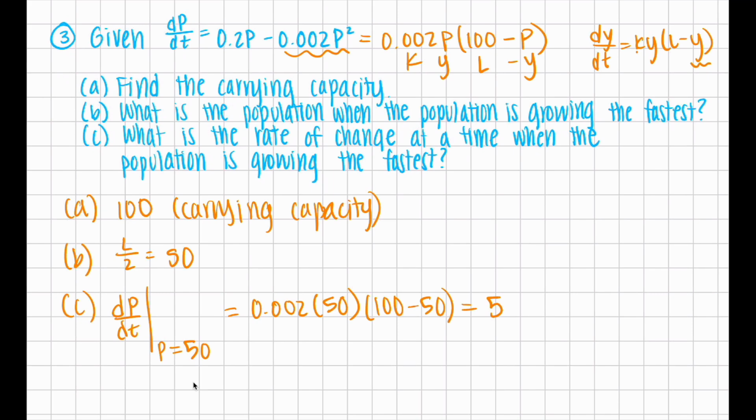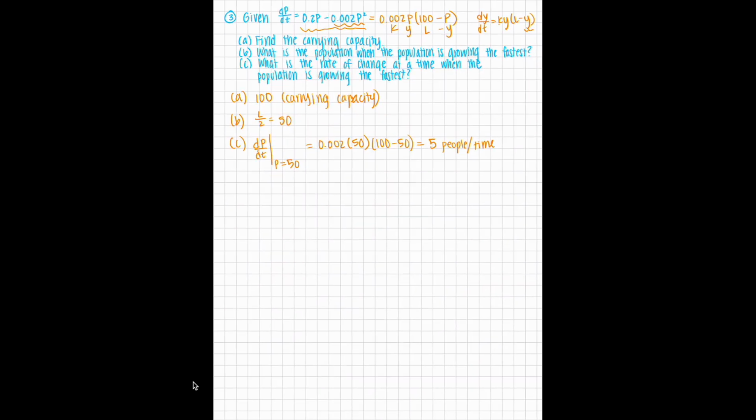They don't give us much information about the population, but we can say people per whatever our unit of time is. So I wanted to do this example to show you they might not give you exactly ky times L minus y, but you will be able to manipulate it so that you can answer the questions. So this was number 3.